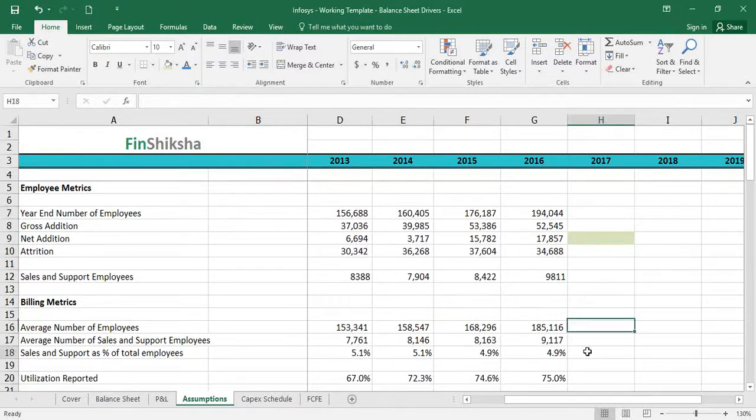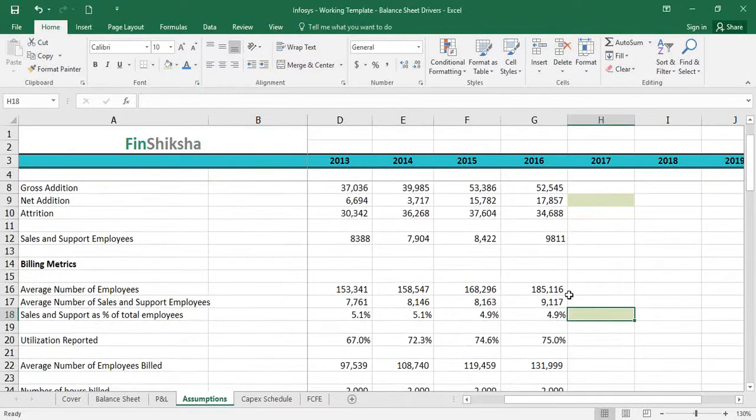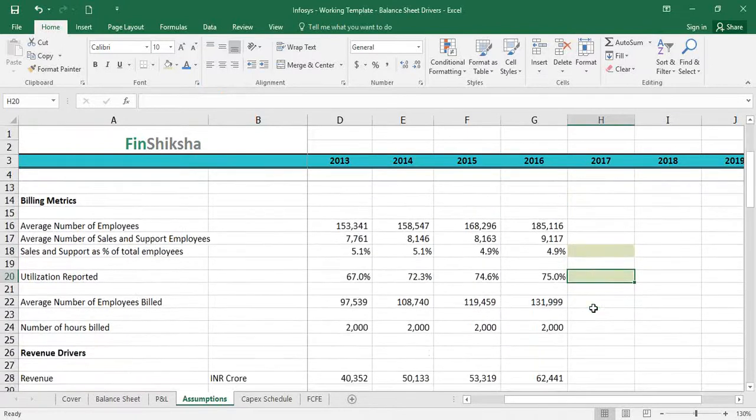The second assumption is, on average, what is going to be my number of sales and support guys? This is important because I need to remove these people in my calculation of the utilization of employees. My third assumption is going to be the utilization rate. Once we make an assumption for this, we should be able to find out the number of people who have been billed.